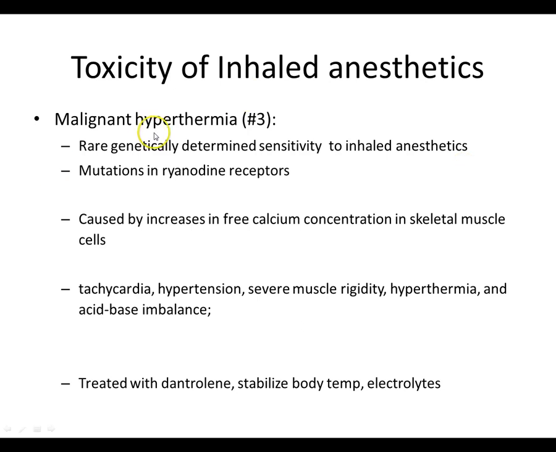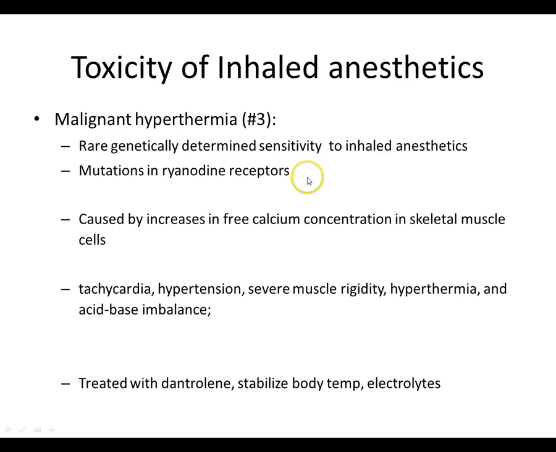A very significant toxicity that is rare but potentially fatal is malignant hyperthermia. This is rare because it occurs only in patients who have a genetically predetermined sensitivity to inhaled anesthetics, and the mutations seem to be on ryanodine receptors. Ryanodine receptors are responsible for release of calcium from the sarcoplasmic reticulum.